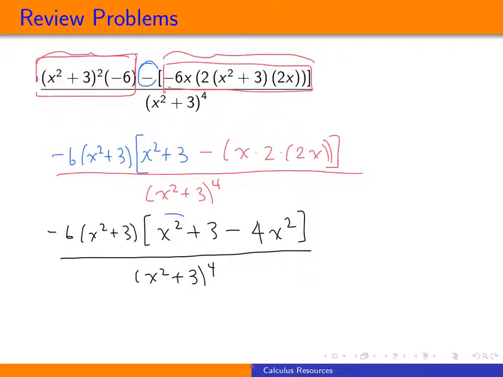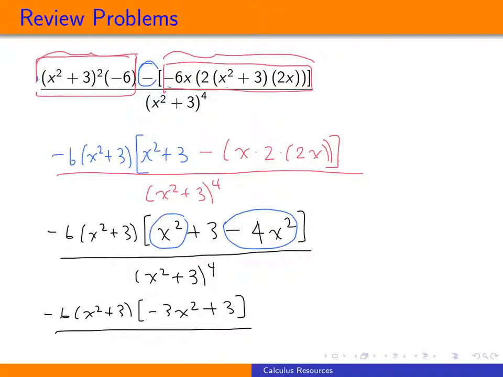Inside the brackets, we have common terms. We have an x squared and we have a minus 4x squared. So simplifying that, we have negative 6 times x squared plus 3 times a negative 3x squared plus 3. And all of that is over x squared plus 3 raised to the 4th power.